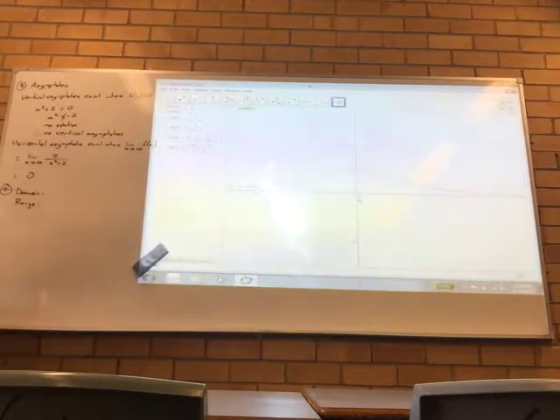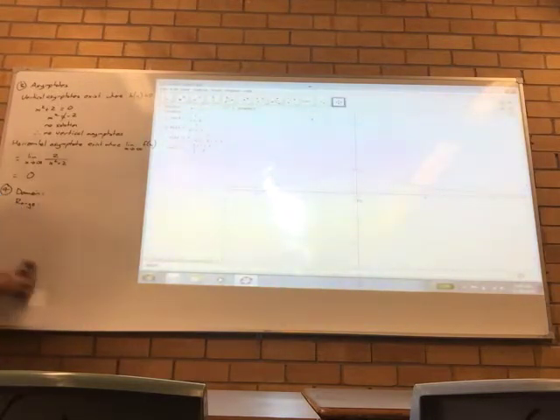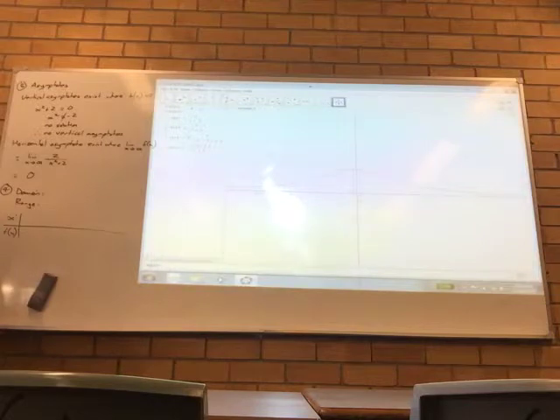So for this style of graph you would probably need to consider a table of values. Because I know I've got symmetry, I don't need to go in the negative direction, I just need to make it symmetrical.